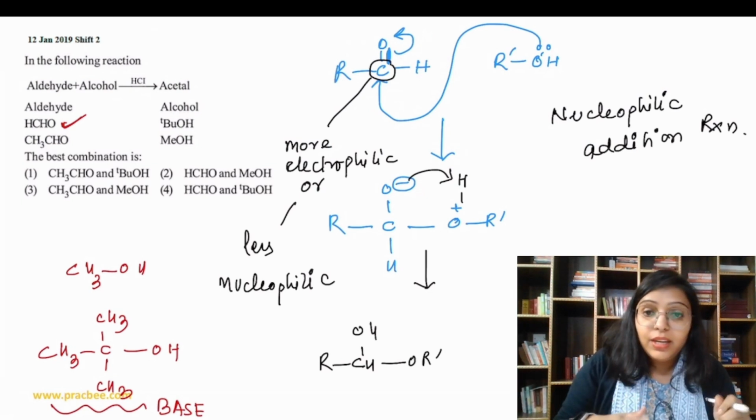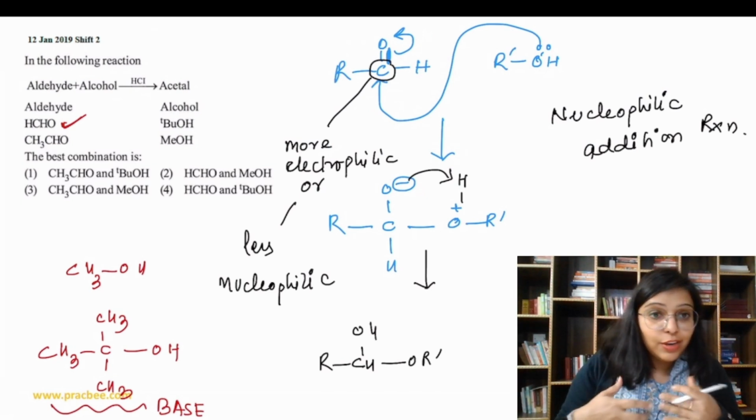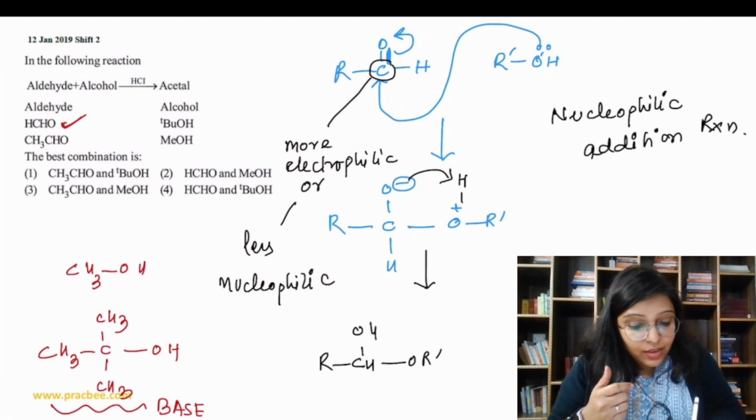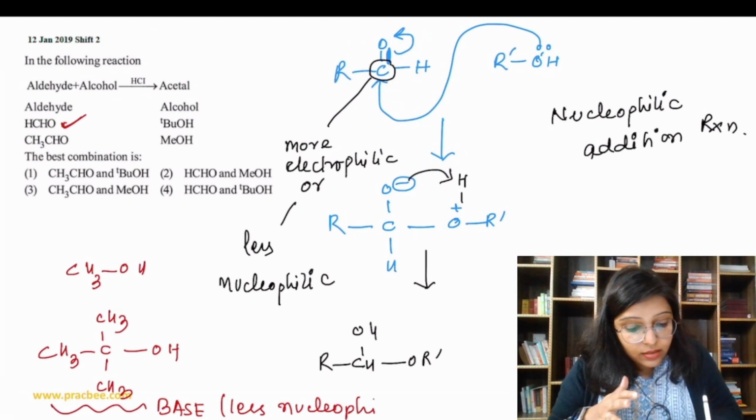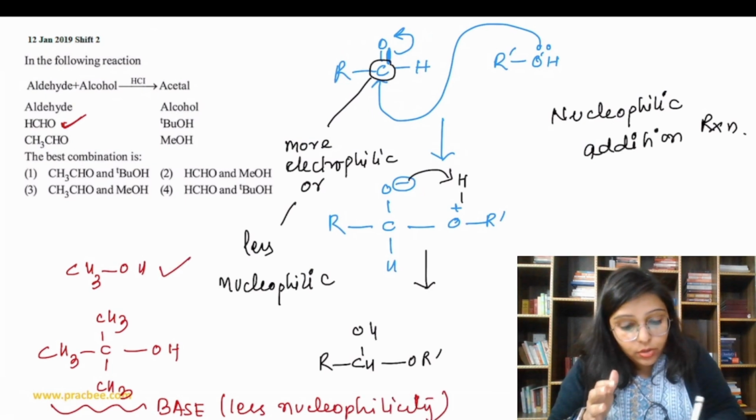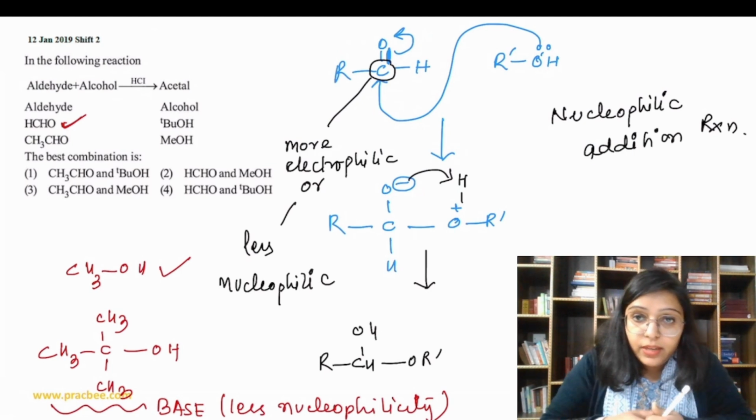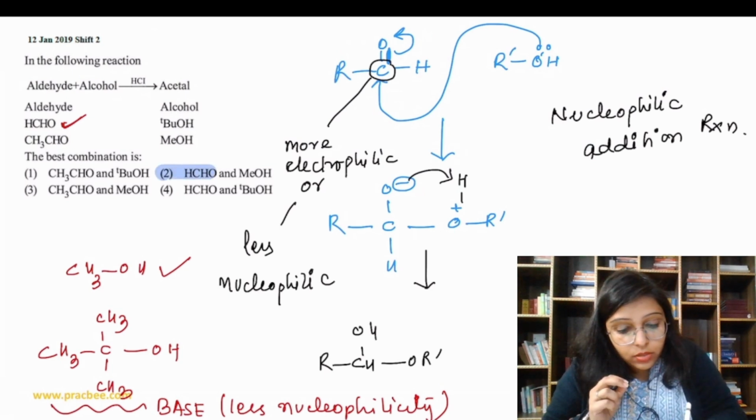But if we have a bulkier nucleophile, it cannot move easily. So here we have less nucleophilic character and more basic character. So CH3OH is going to be the better nucleophile. Okay, so the best combination is going to be option number 2.